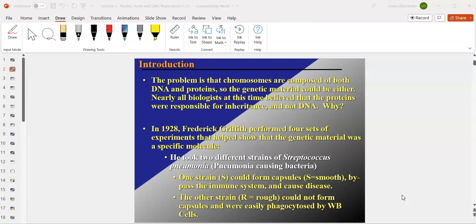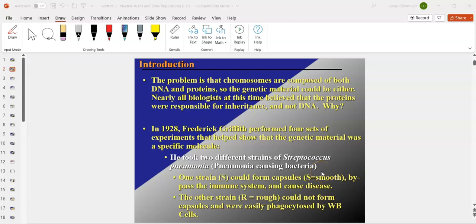And it was really hard to know, when a chromosome was separated during mitosis or meiosis, whether the genetic material was the protein, the histones, or the DNA. In fact, we had no idea what DNA looked like or how it would function as genetic material.